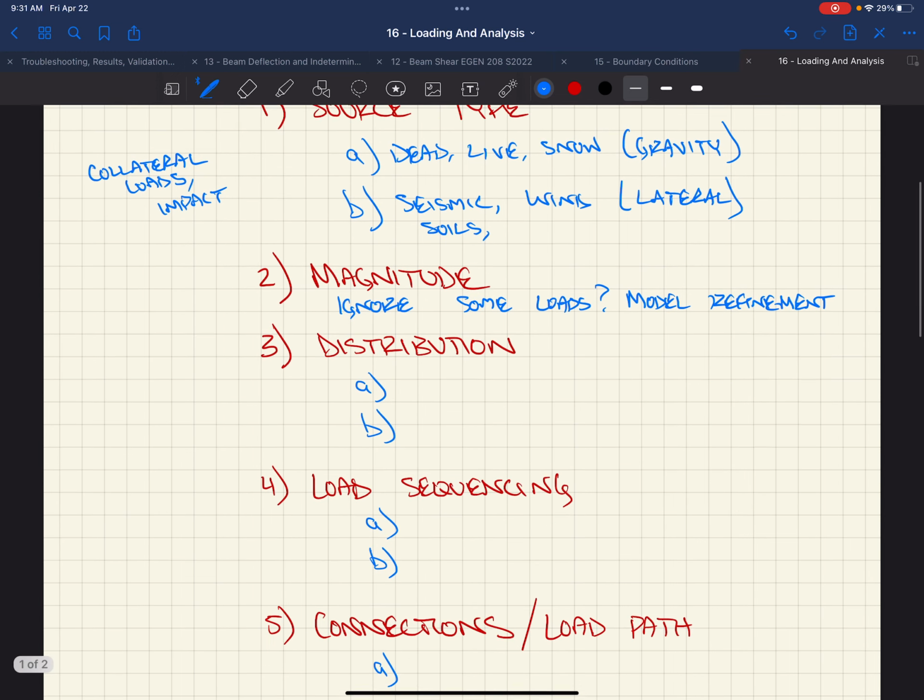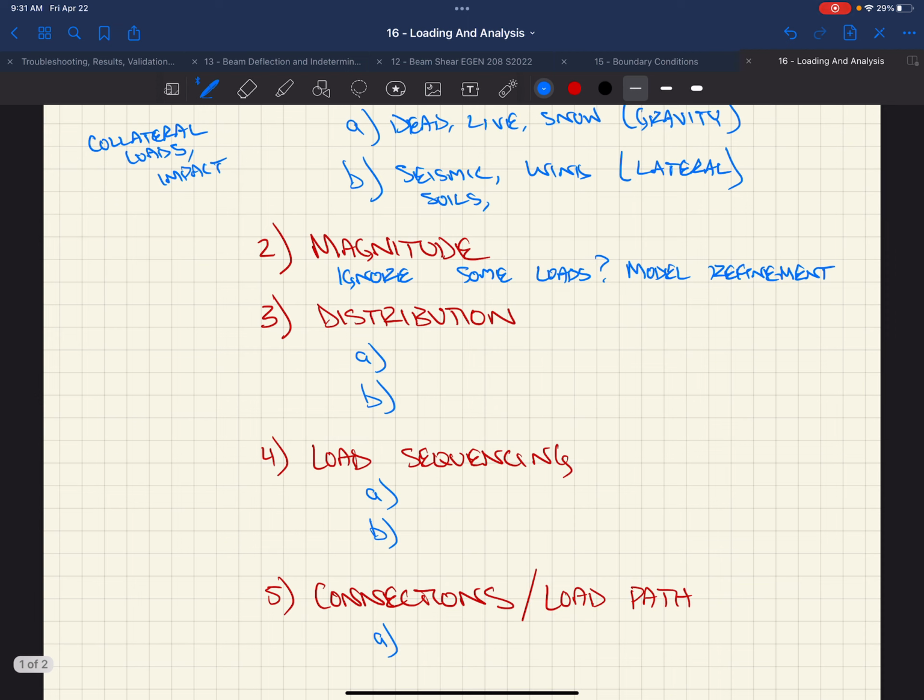All right, so you can ignore some loads, right? We might have to refine the model a little bit, like we talked about when I gave you the example of the write-up for, I think it was either Norm or Building X, that Chris Van Lucian had done, where he explained what he was doing with the nodes, and we essentially took some of that load from the model and lumped it into locations, right?